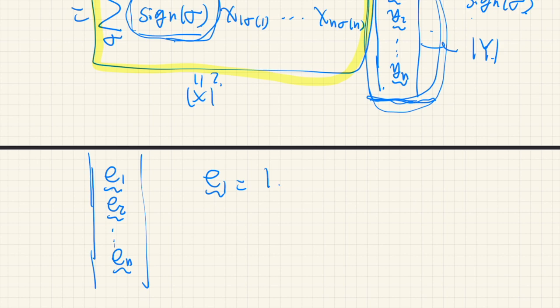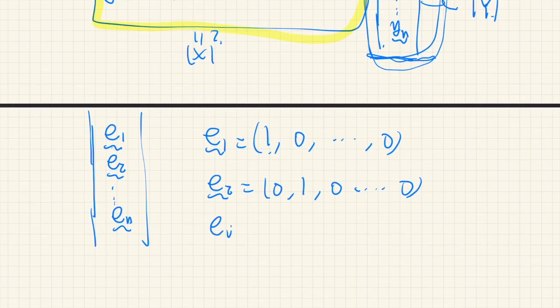The first element is 1, and everything else is 0. And e2, the second component is 1, and everything else is 0. And ei, the ith component is 1, and everything else is 0.